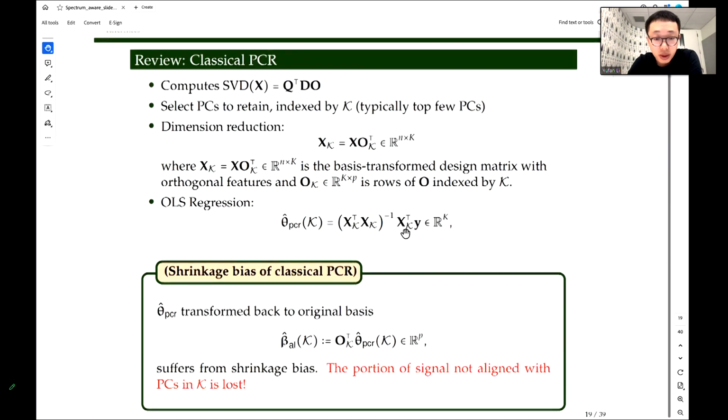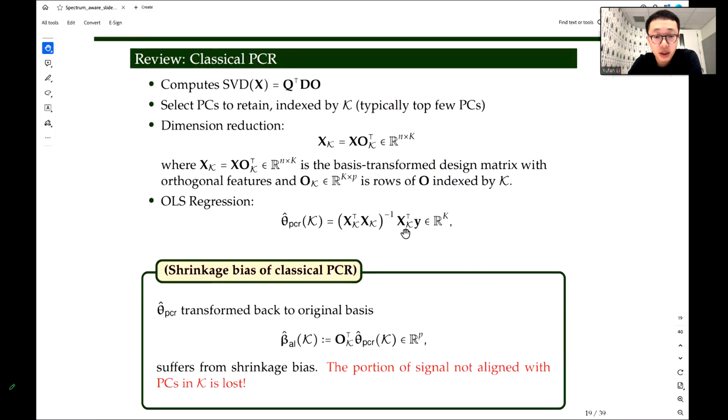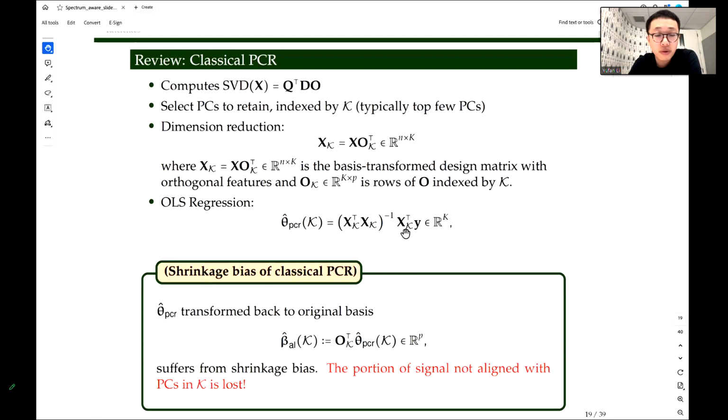So to make our method work under these assumptions, we want to use classical principal component regression. Here is a quick review. You do a singular value decomposition of your design, and you select maybe the top 5 PCs to retain.